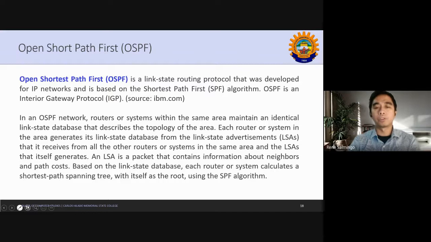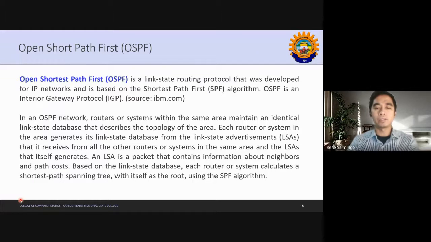In the same way, OSPF network routers and systems within the same area maintain an identical link state database that describes the topology of the area. Each router or system in the area generates a link state database from the link state advertisements, which we call LSAs, that it receives from all other routers or systems in the same area, and the LSAs that it itself generates.